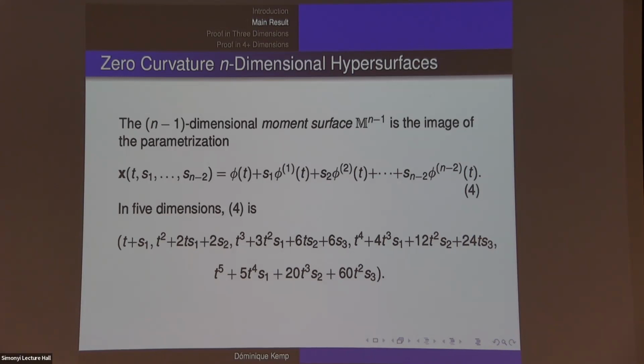But the idea is that zero curvature hypersurfaces in higher dimensions should frequently look like lower dimensional parameterizations involving the derivative vectors.